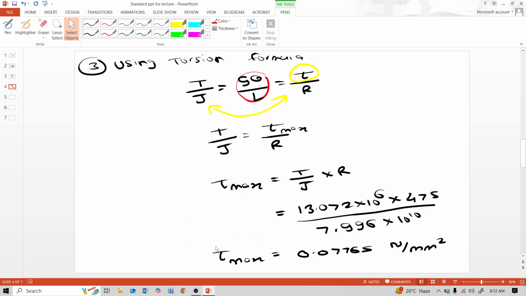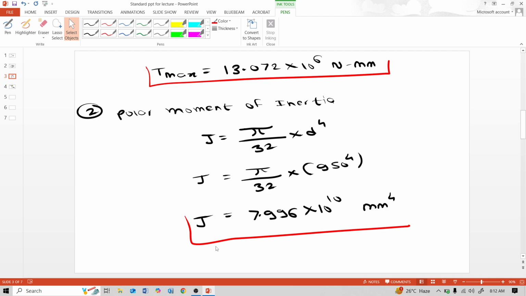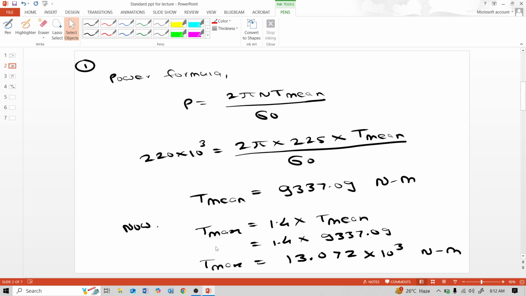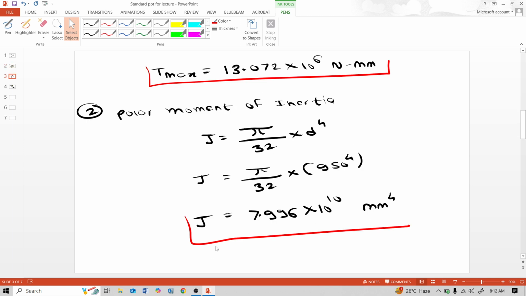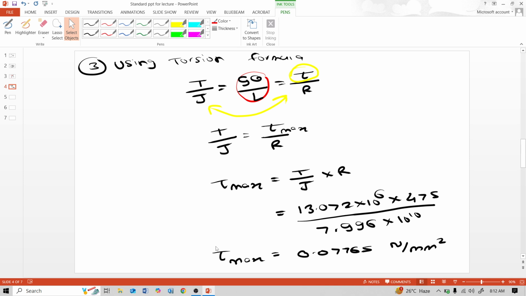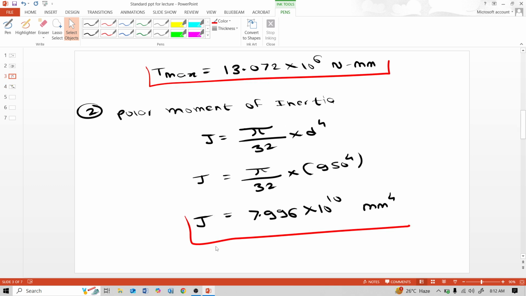So three formulas were used in this numerical: the torsion formula, the polar moment of inertia formula, and the power formula. Using the power formula we calculated maximum torque, and using the torsion formula we calculated the maximum allowable shear stress. Shear stress unit is Newton per mm square, polar moment of inertia unit is mm raised to 4, and torque unit is Newton mm or Newton meter.